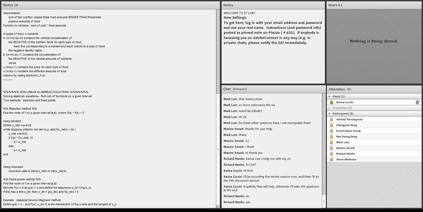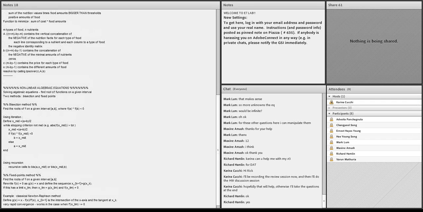And this method has the property of showing very rapid convergence, but it works in the case when the derivative of f at location x lim is different than 0, because otherwise the algorithm is diverging.